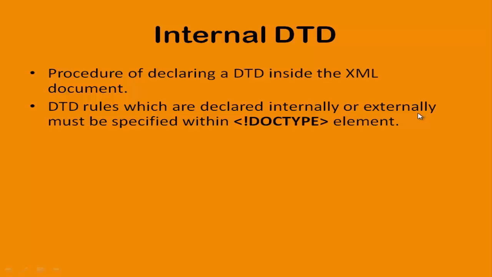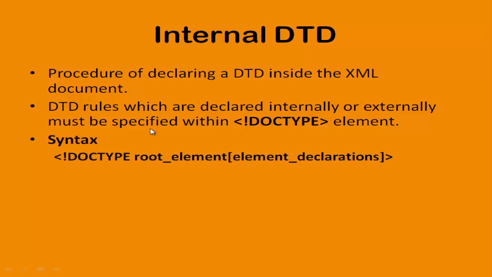But before that, I'm just telling you that whether you go for an internal DTD or an external DTD, the first and foremost thing you have to specify is the doctype element. Without the doctype element, your DTD structure will not be validated. The syntax for the internal DTD is like this: a less-than sign, an exclamation mark, then DOCTYPE, which is a keyword and must be in capital letters.